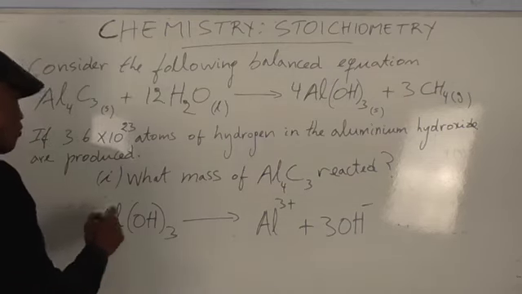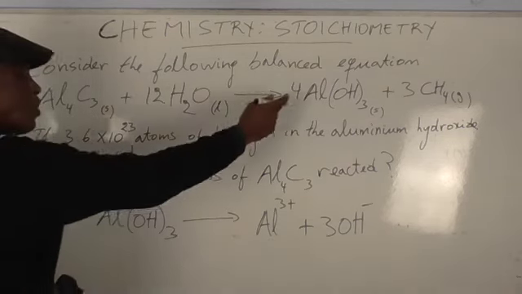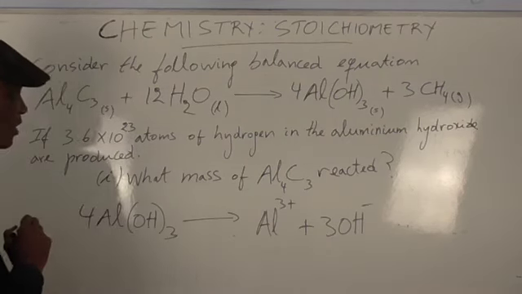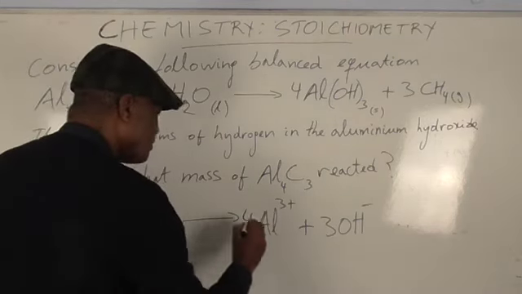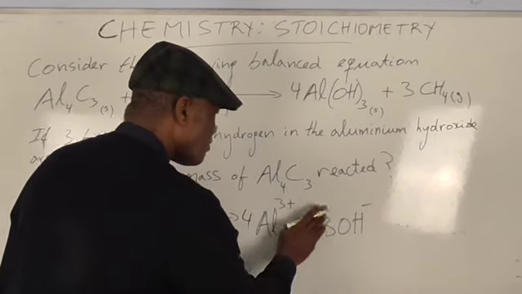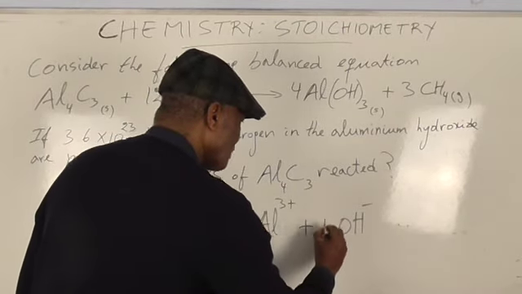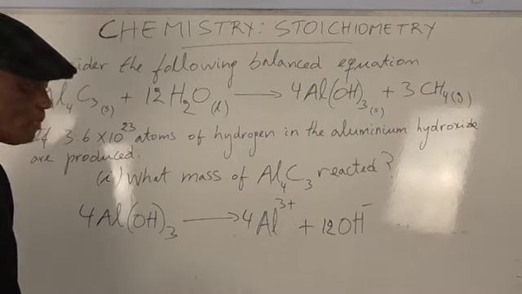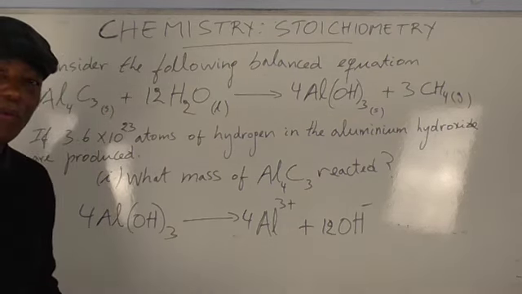Now, what that means? That means if we multiply this in order to have a 4 there, if we multiply by 4, we get 4 here, and here 4, and over there we are going to have 12.